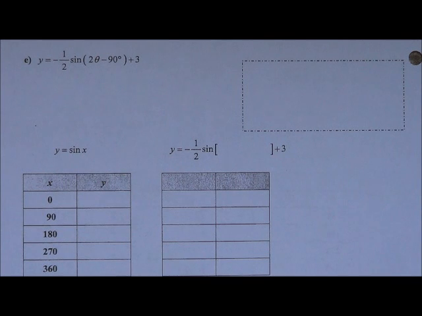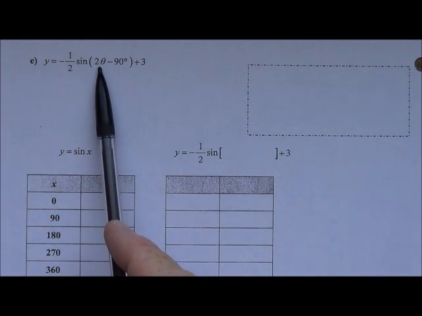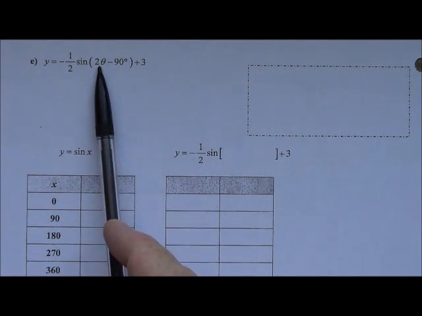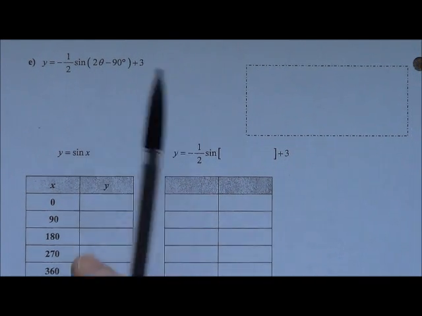Now, one thing you have to be aware of is with these types, if we have a coefficient of theta, you have to make sure that you factor it out of this to get the appropriate phase shift.